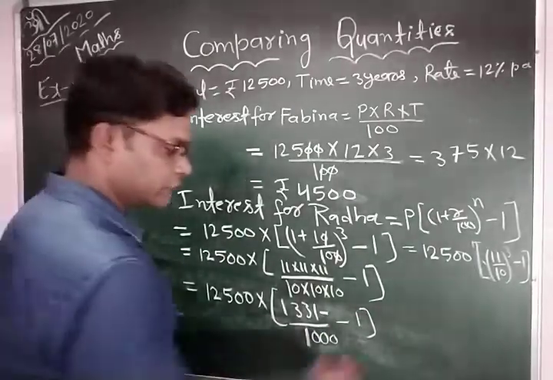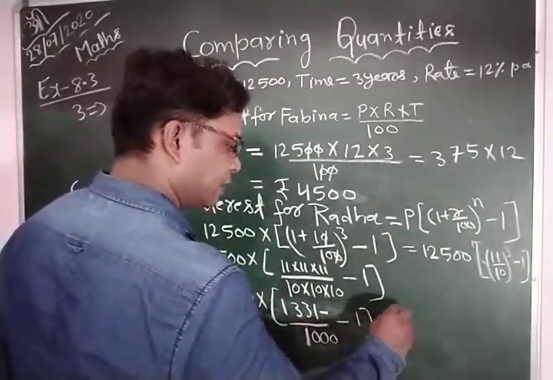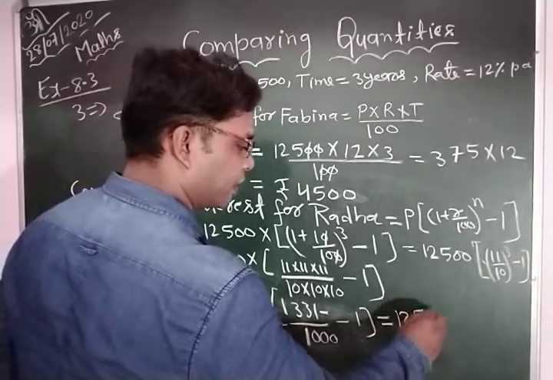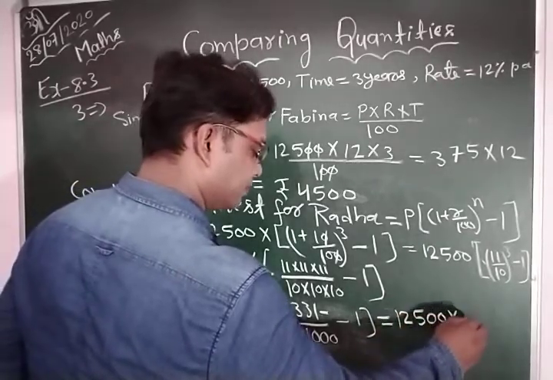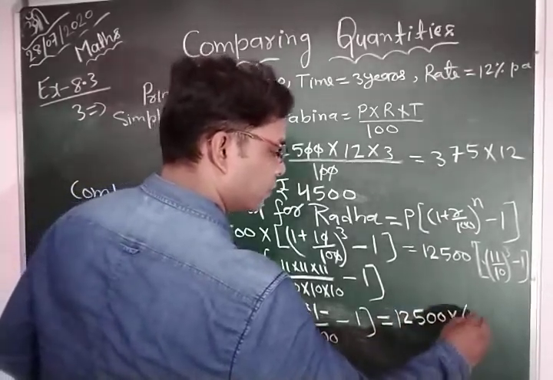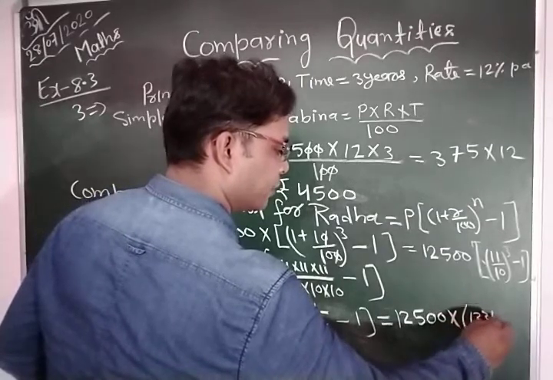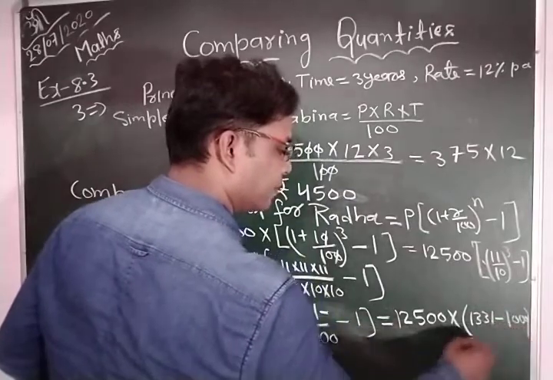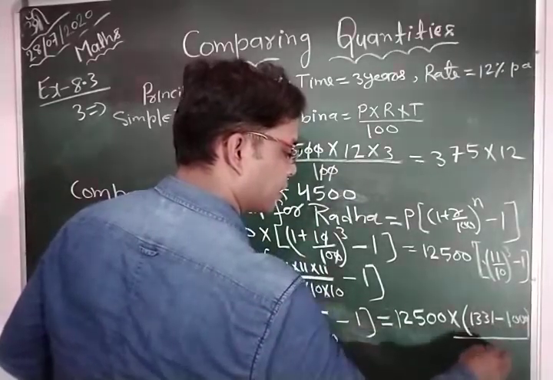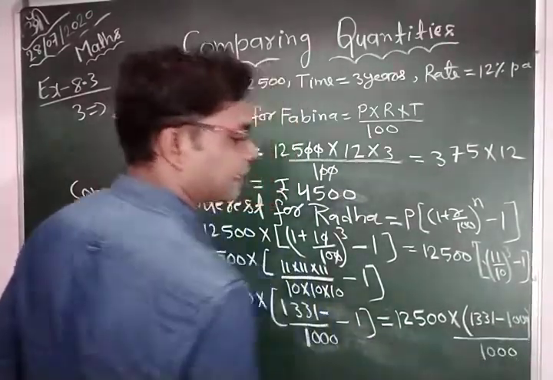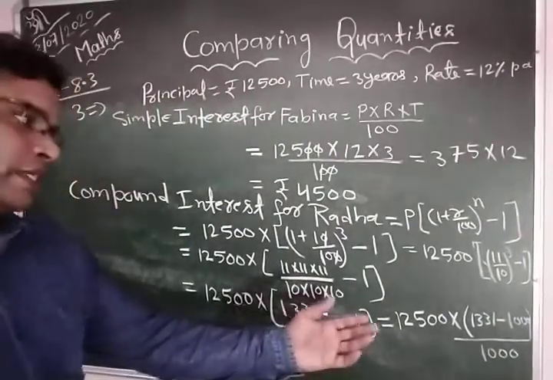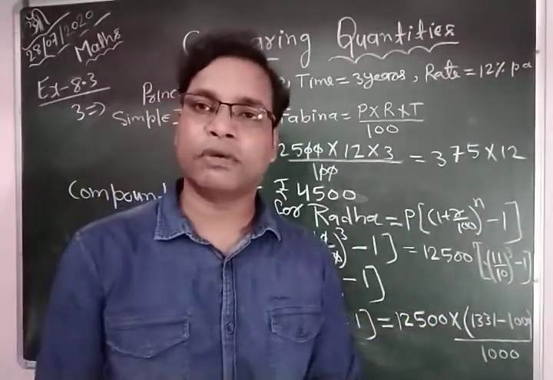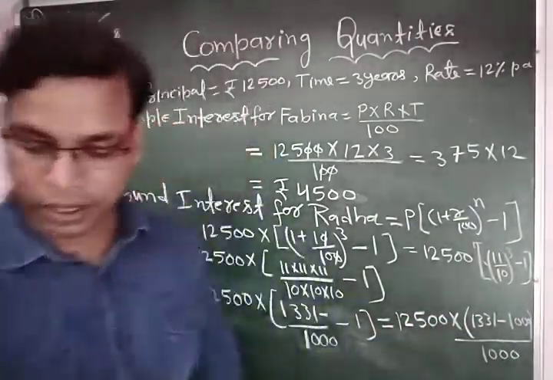So this is equal to 12,500 into (1,331 minus 1,000) divided by 1,000. Clear? If you subtract, you find here 331 by 1,000.